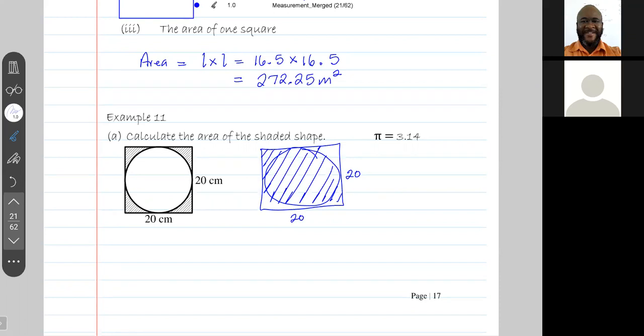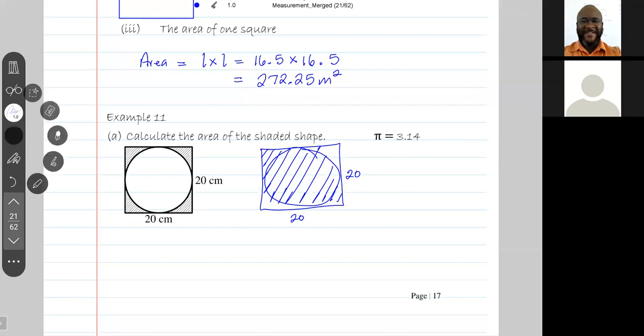The shaded part. Guys, area is measuring surface. Area is a measure of the amount of surface. So when I multiply 20 by 20, it gives me the entire surface inside the square. If I want the area of only the shaded piece, I need to take away the area of the unshaded what? Circle.